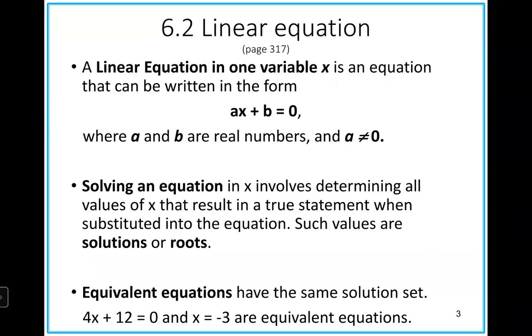Then we have some equations which produce curves instead of a straight line. One of the equations that produce curves is your quadratic equation. So we'll be looking at a little bit on that later on. But the linear equation, apart from producing a straight line, the equations that we're looking at in this section have one variable.